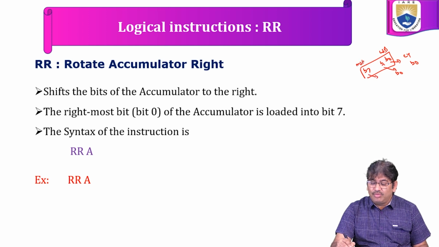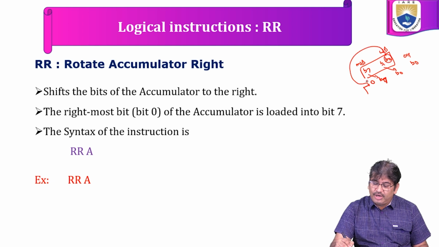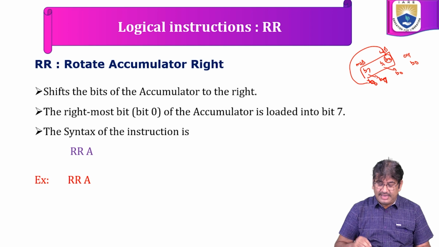Previous bits will be moved to the next adjacent bit, and the 0 will be inserted in the MSB. The rightmost bit, bit 0, will be copied into the bit 7 as well as into the carry flag. The syntax of the instruction is RR A. Example is RR A.